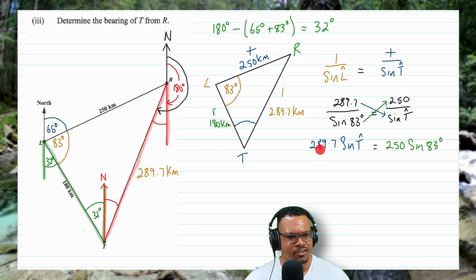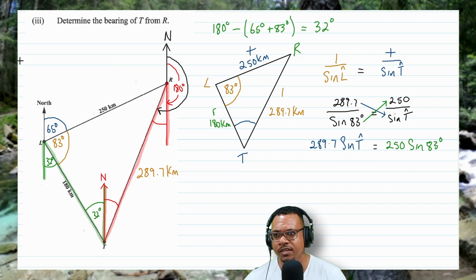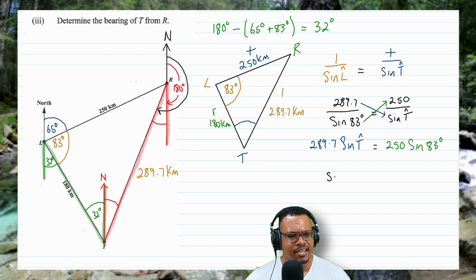So now I'll transfer this 289.7 across the equal sign, and the operation between this 289.7 and sine T is multiplication. So when this 289.7 goes across, the operation will change to division. So I'll have sine capital T is equal to 250 sine 83 degrees divided by 289.7.